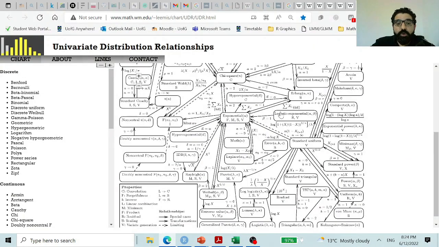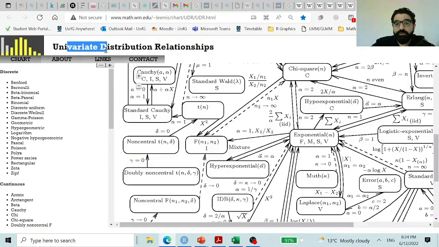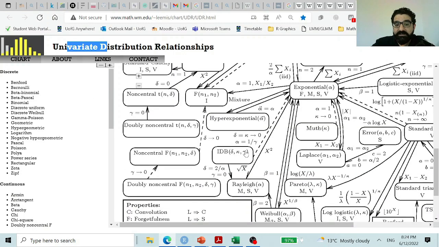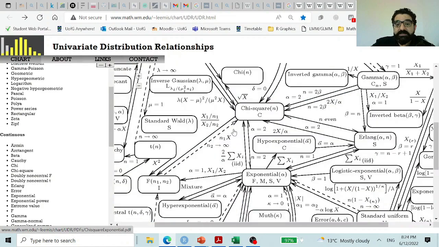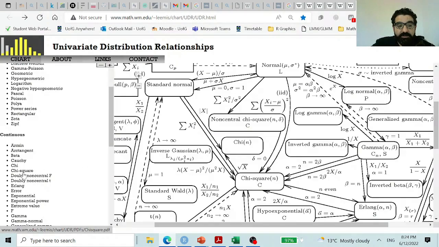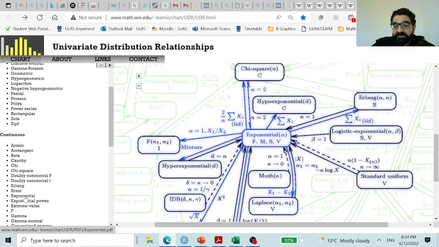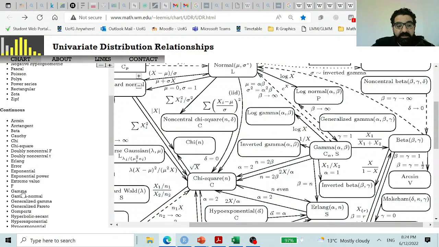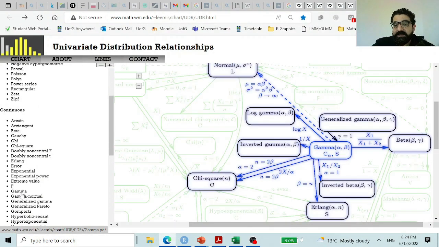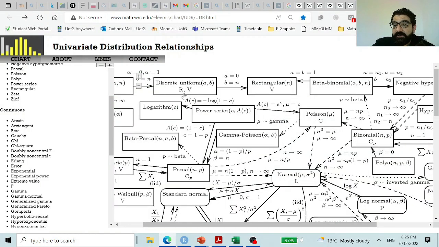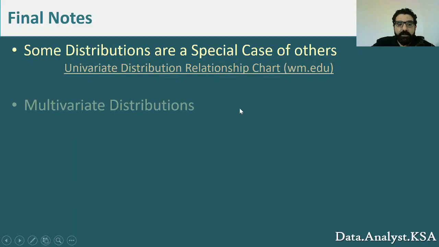It shows you all the univariate distributions. I will explain what univariate means in a second. For example, you can look at the exponential and see how it is related to different distributions. You can look at the gamma distribution and see how the gamma, for example, is related to the normal. This is a very nice page to look at and understand distributions a little more if you are interested in them.